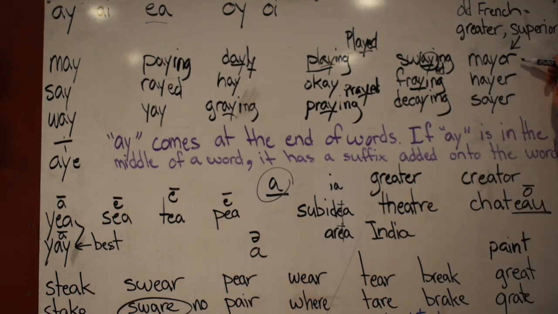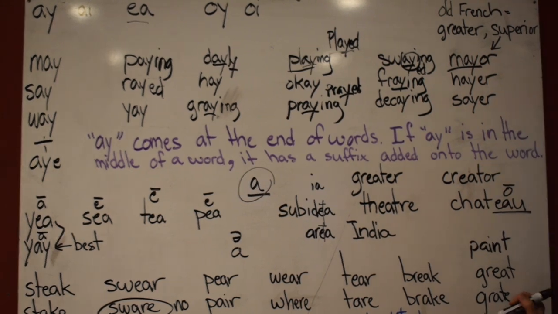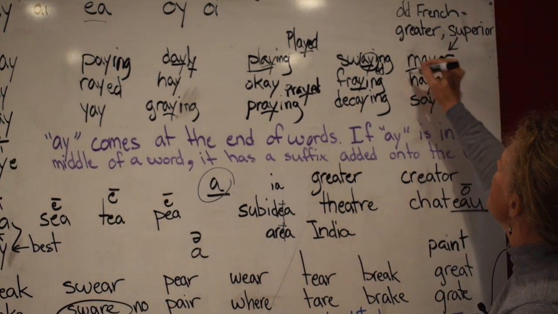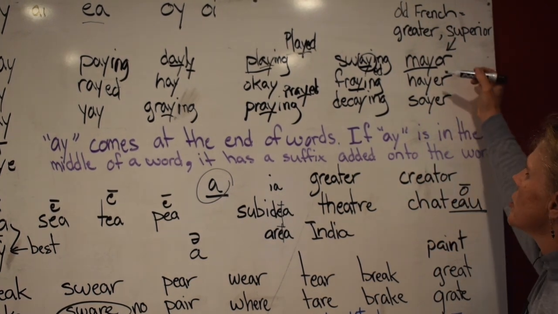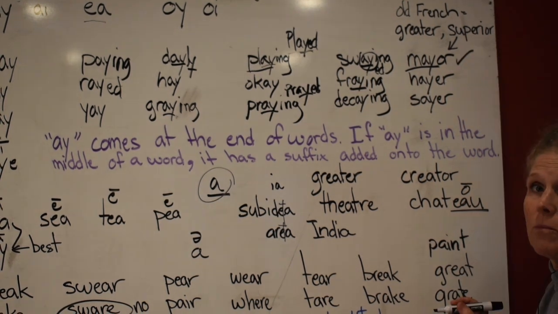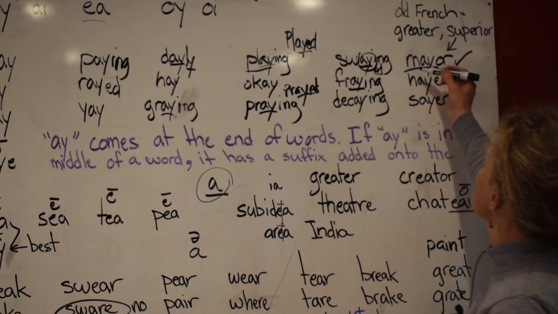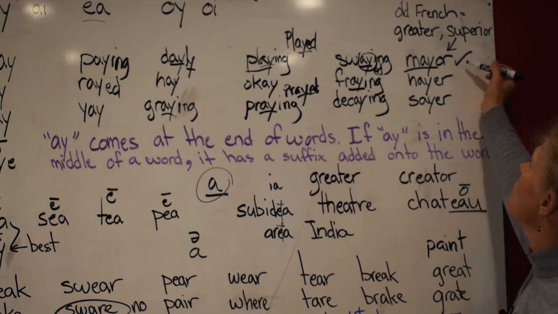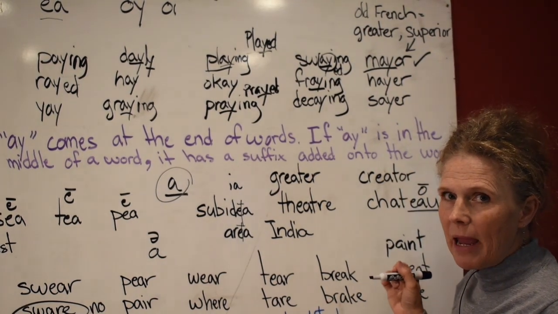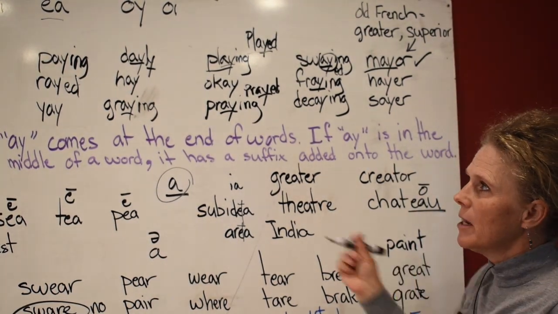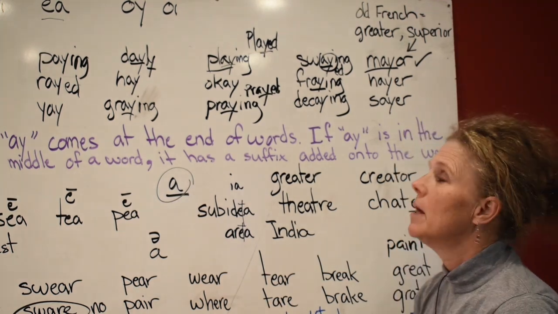Now look at this, mayor. See how may means greater or superior. This is Old French. So you'll see some words like this that will be in the middle, and that's how you would spell it. We don't say may for mayor. You would never understand because may, it's a helping verb.